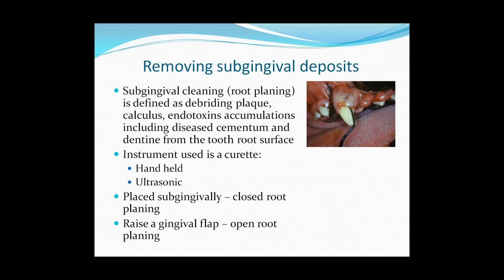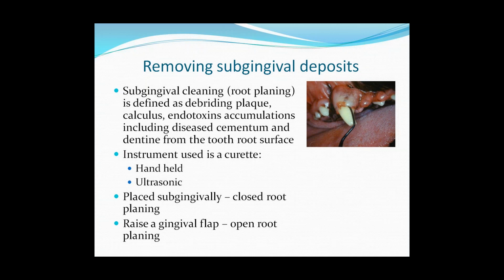There's lots of terms. But essentially what we're doing is we're debriding the root surface and the diseased epithelium from the pocket wall of accumulations, endotoxins, diseased cementum, the hair, the food, the plaque, the calculus, and anything else that's within that pocket.